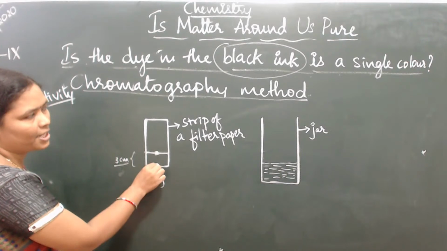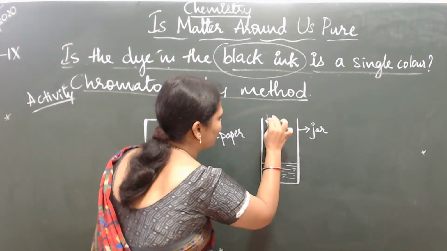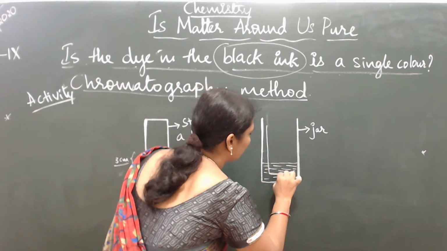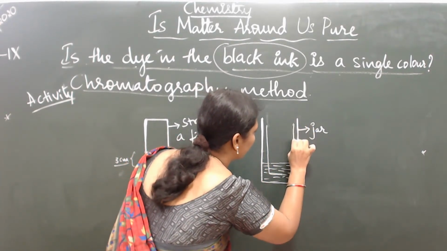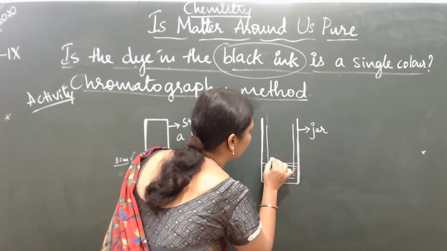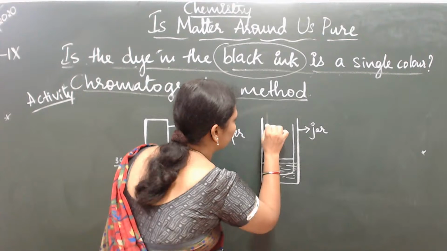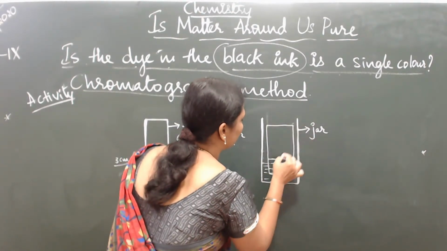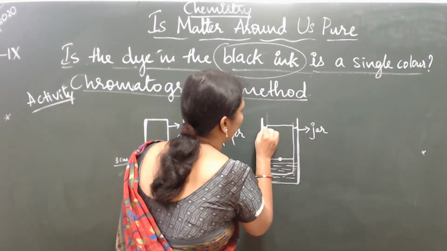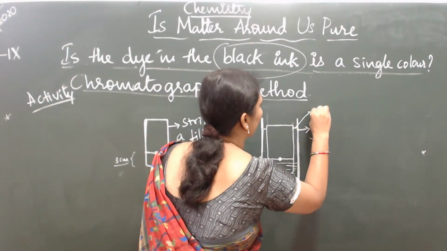This strip of filter paper we have to immerse in the jar. How we have to immerse it: the line we have drawn on the strip should be just above the water level. Here, the paper clip is used to hold the strip inside the jar.